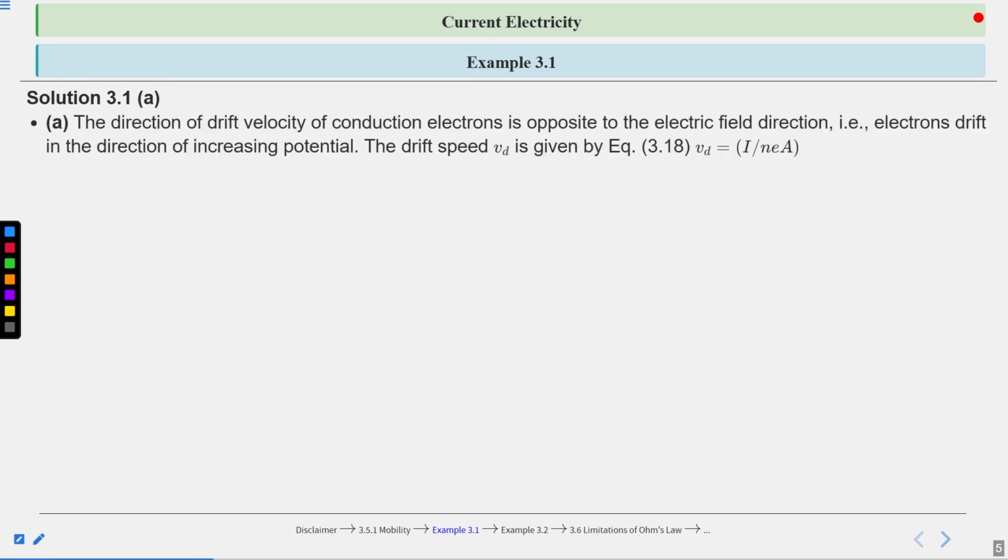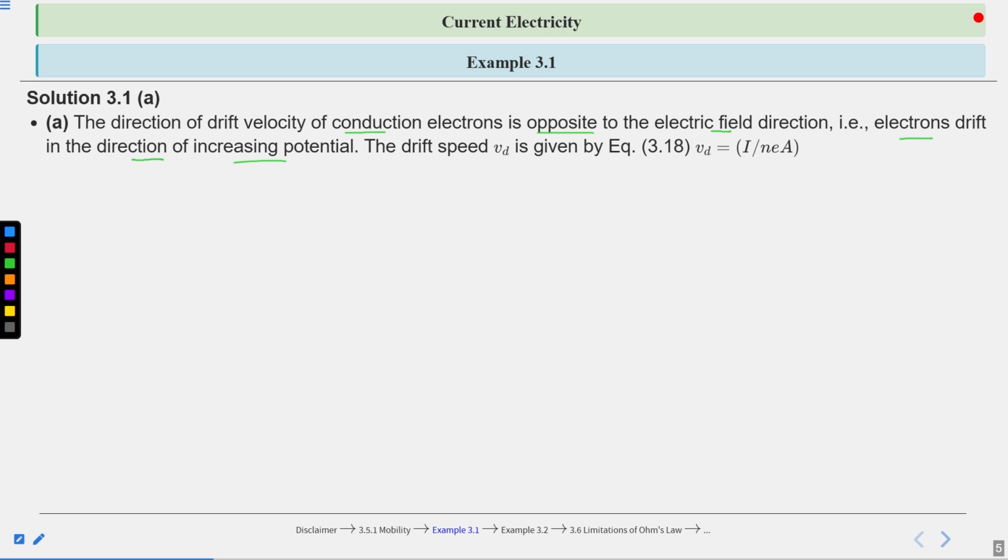The direction of drift velocity of conduction electron is opposite to the electric field direction. Why? Because electron experiences force in the direction opposite to the electric field. So their drift velocity will have direction opposite to the electric field direction. That is, electrons drift in the direction of increasing potential.